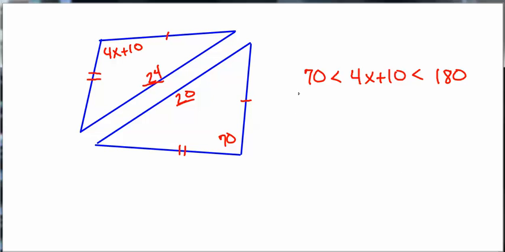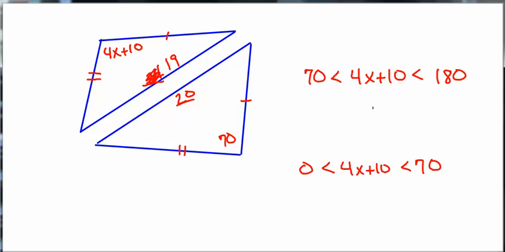Now, let's just say for argument's sake that this is 19. Now you would start with 4x plus 10 is less than 70, but greater than 0. Just arranging the problem according to the direction that arrows are always going to go left.